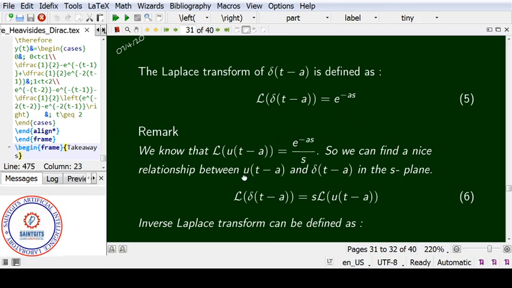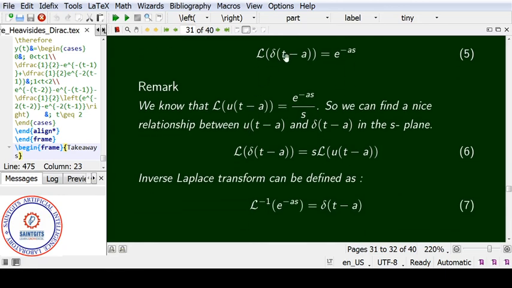Now we are going to connect the Laplace transform of the Dirac delta function and the Laplace transform of the unit step function. The Laplace transform of the Dirac delta function is equal to s into the Laplace transform of the unit step function. That is a relationship. So when we take the Laplace transform of the unit step function about the threshold a, when we multiply that output by s, we get the Laplace transform of the Dirac delta function with the threshold a. So we use L inverse on the right side.